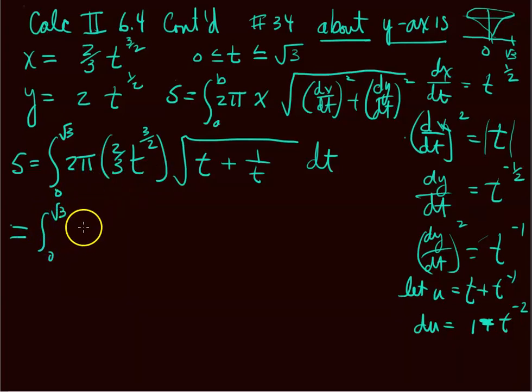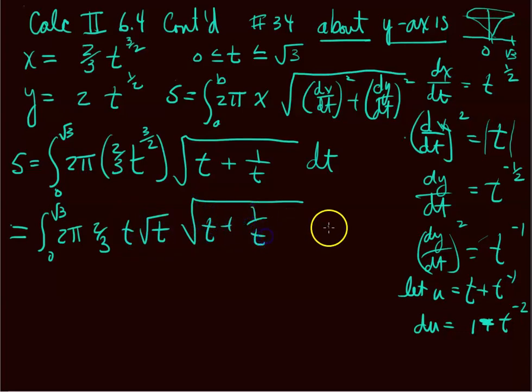I'm going to take this t to the 3/2. Really, let's write this as 2 pi times 2/3. This is really t times the square root of t, times the square root of t plus 1 over t, dt. The reason I'm going to do this is so I can pull this t underneath with these others, because they're both square roots.